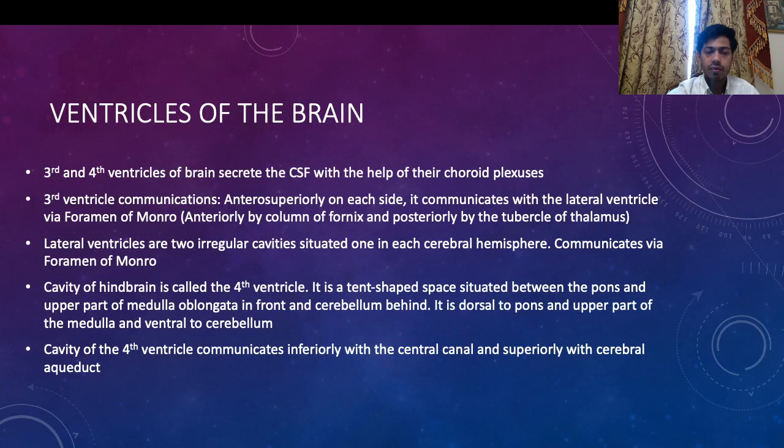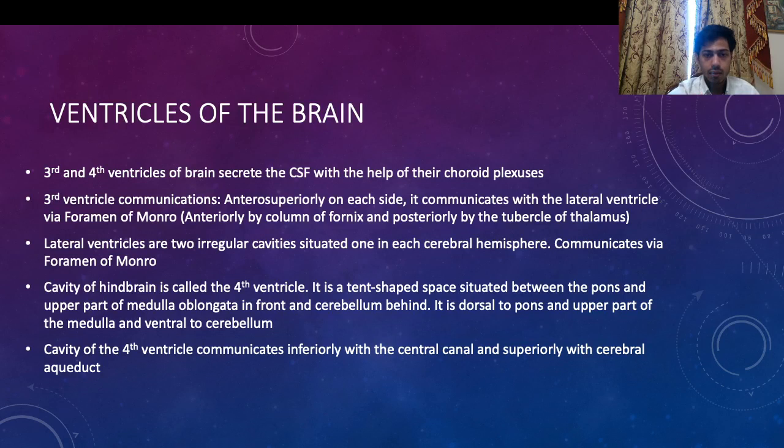But in terms of the third ventricle anatomically related, anterior superiorly on each side it's communicating with the lateral ventricle via the Monro foramen, and anteriorly it is bounded by the column of the fornix and posteriorly by the tubercle of the thalamus.